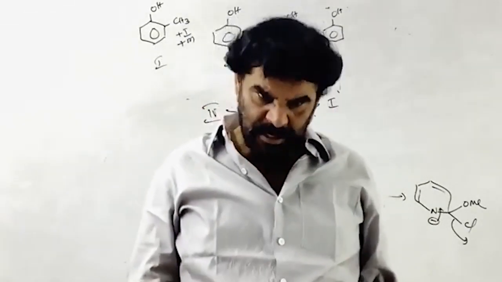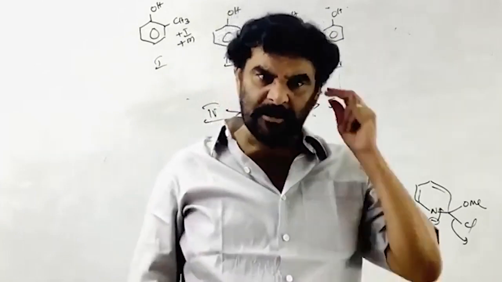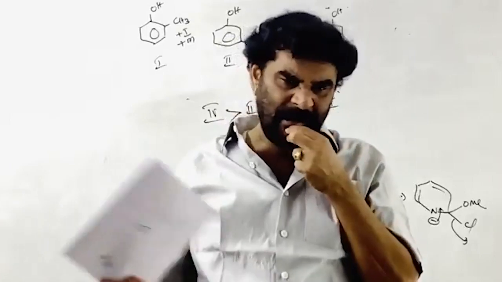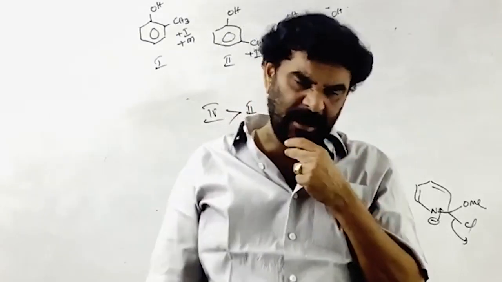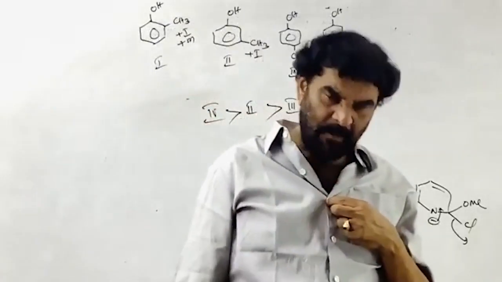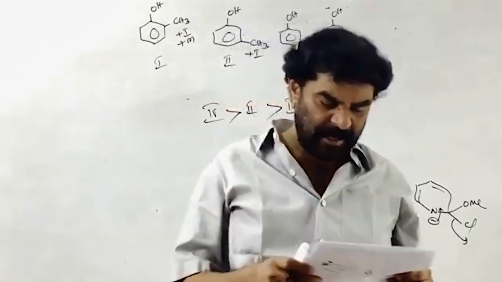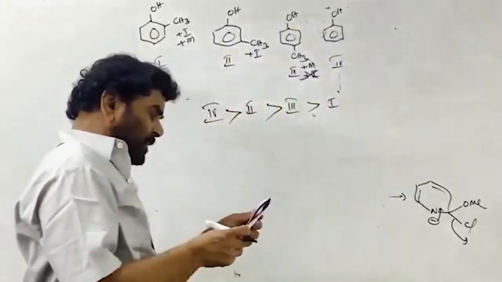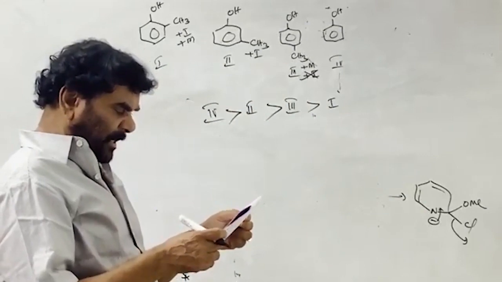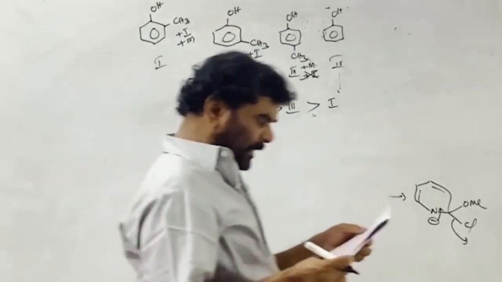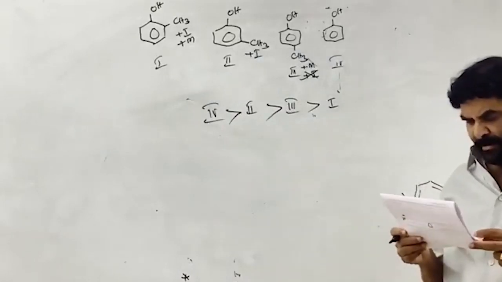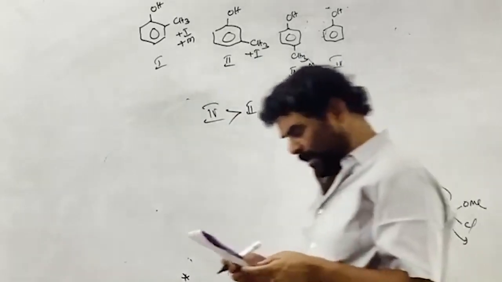Carboxylic acids, phenols, thiols, thiophenols, water, alcohols, the acetylenic compounds containing acetylenic hydrogen, ammonia, as well as primary and secondary amines react with metallic sodium. So leave the water, that one. B is correct. C is correct. 33, C is correct. Phenol and benzyl alcohol react with metallic sodium.